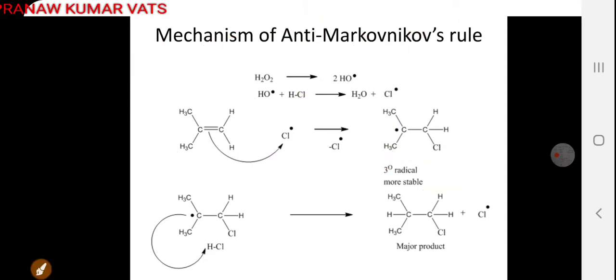So once 3 degree alkyl radical is formed, it will react with HCl and generate the major product.